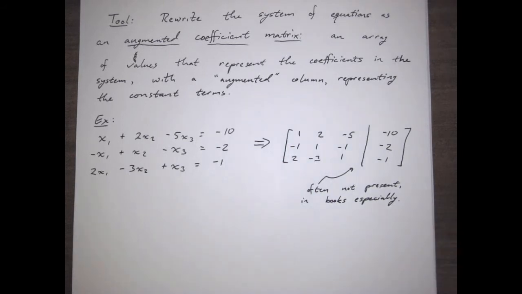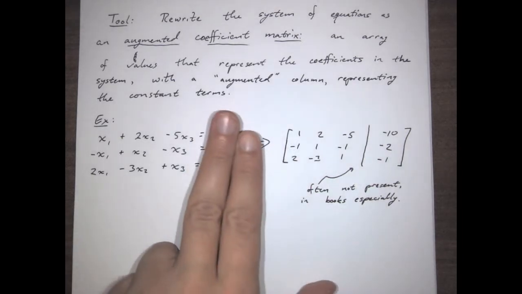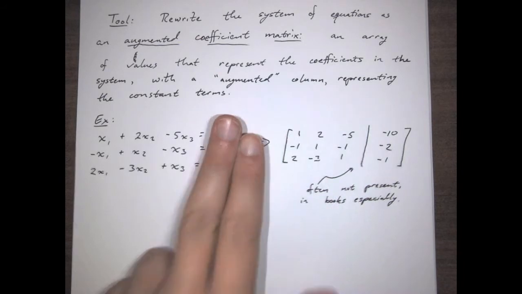But it's helpful for us humans to put it in there to help us remember which side of the equal sign each of these things is, and to remember that what we're talking about here is not merely the coefficients, but the coefficients plus also the constant terms.